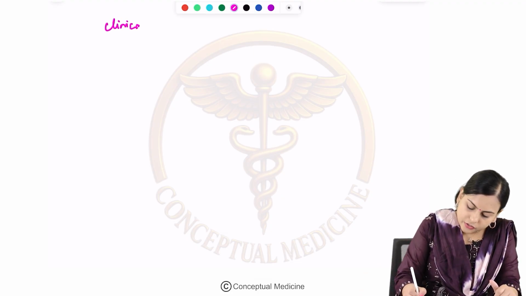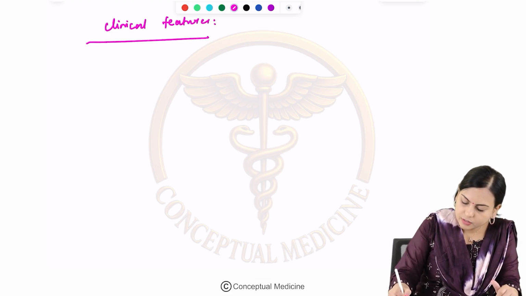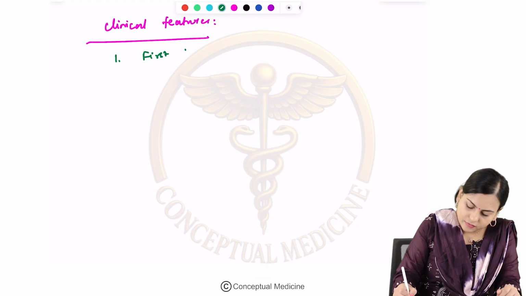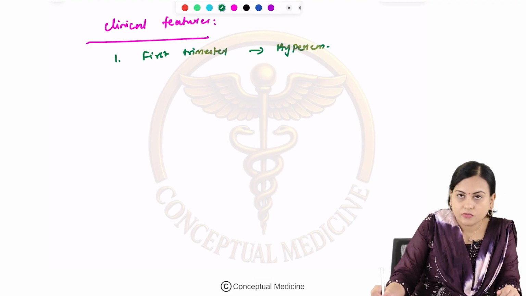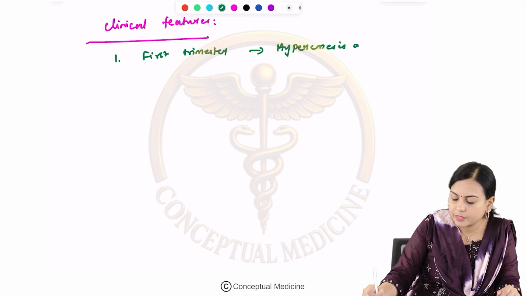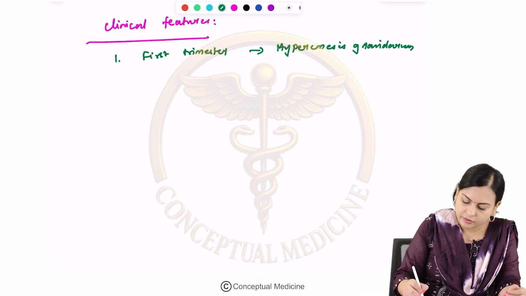So, clinical features include the first trimester symptom like there will be increased chance of hyperemesis gravidarum in the women because there will be increased levels of beta HCG as well, right.